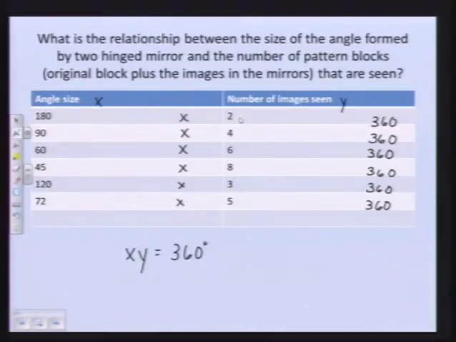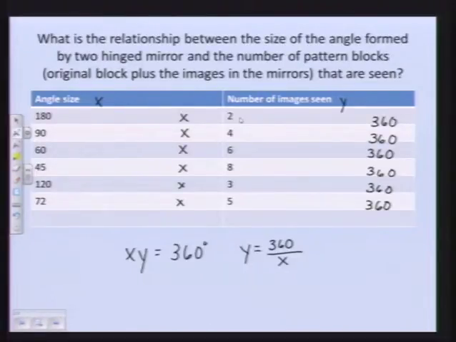What would be another form we could put that equation in? What if we solved it for y? We would need to divide each side by x, so we would come up with 360 divided by x. I could call that a rational function since I've got an algebraic fraction with a variable in the denominator.